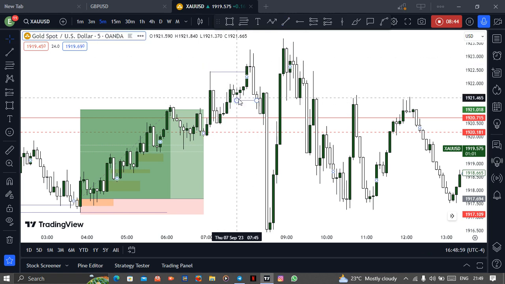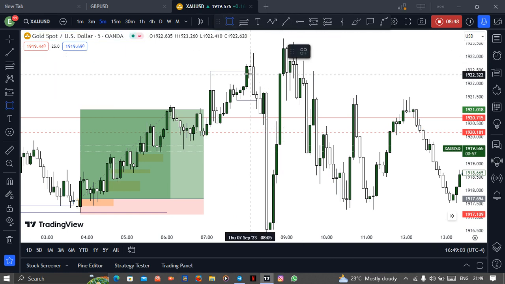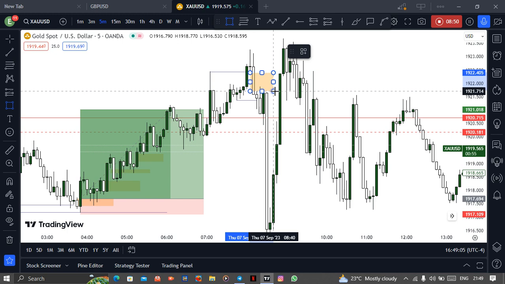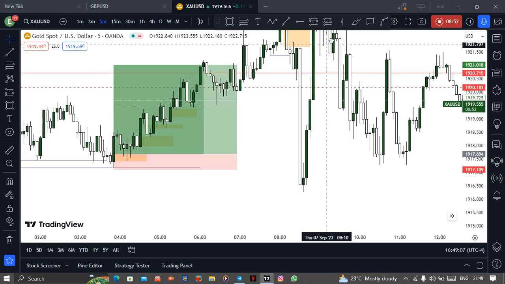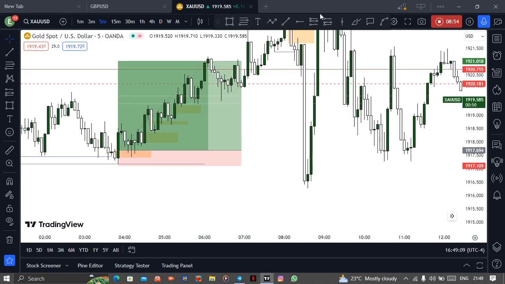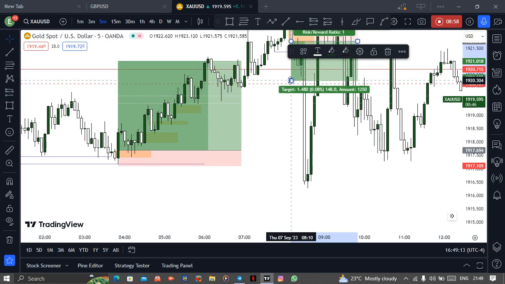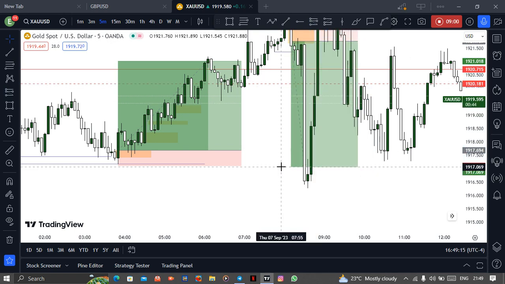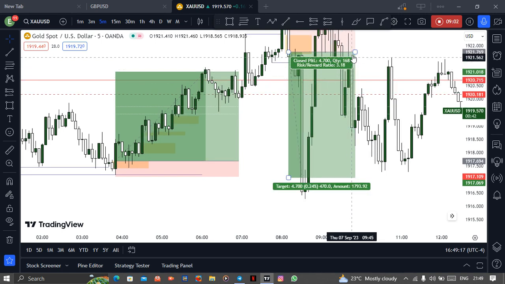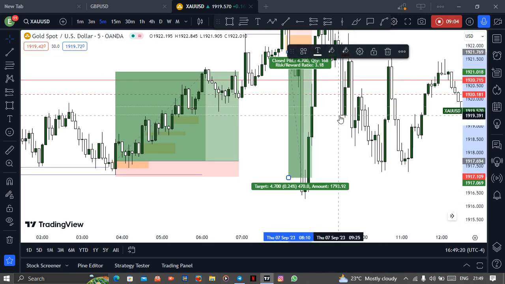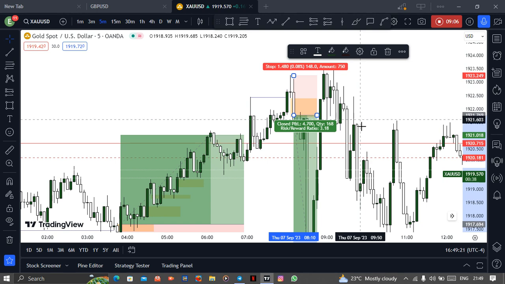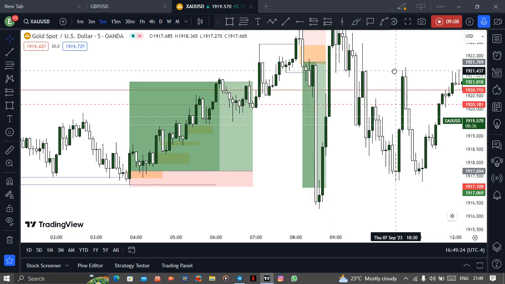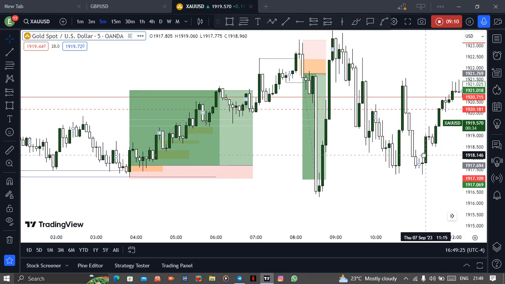This is buy side liquidity, this is market structure shift, and the market left a fair value gap. And you can see how the market came straight for these lows that it created during London session. So as easy as this.